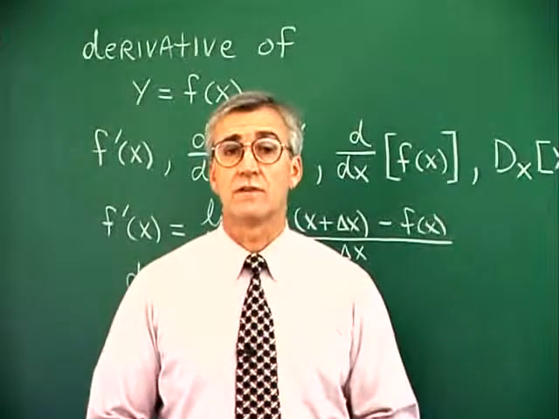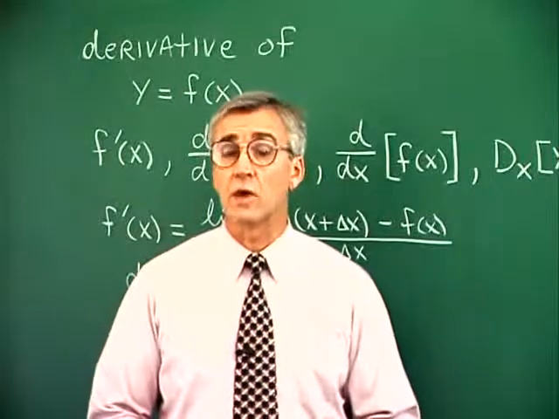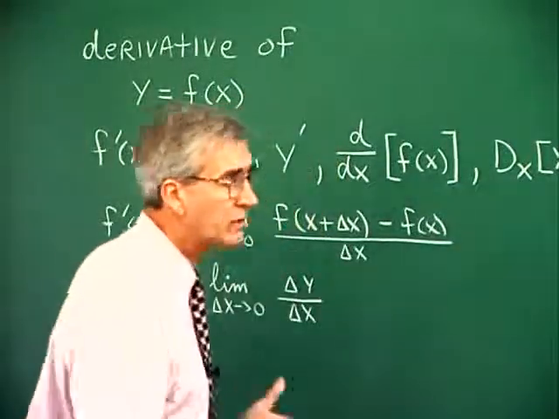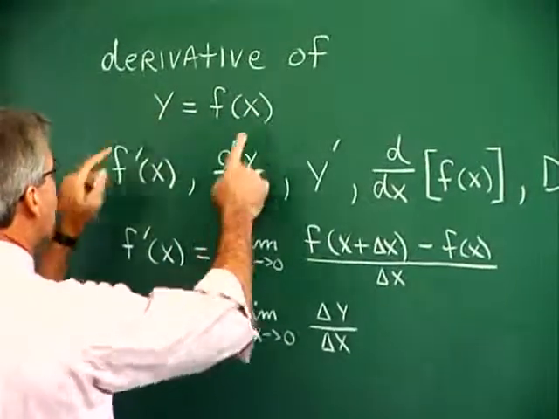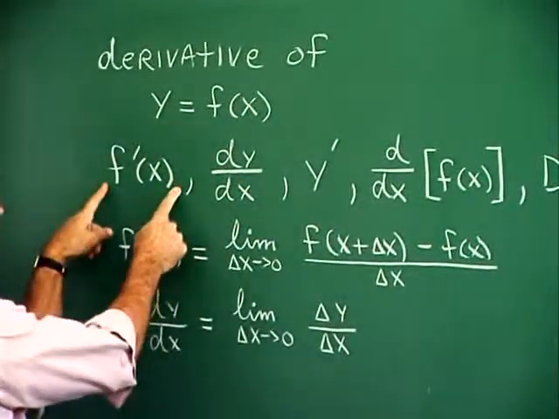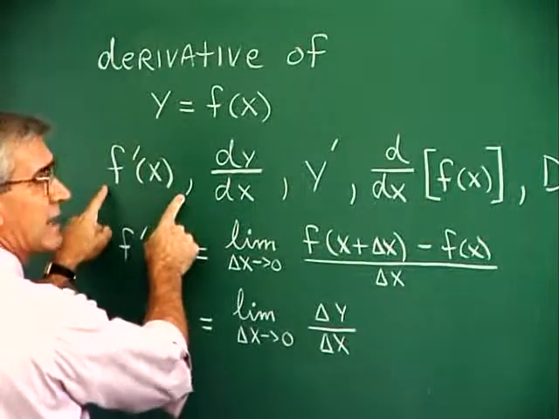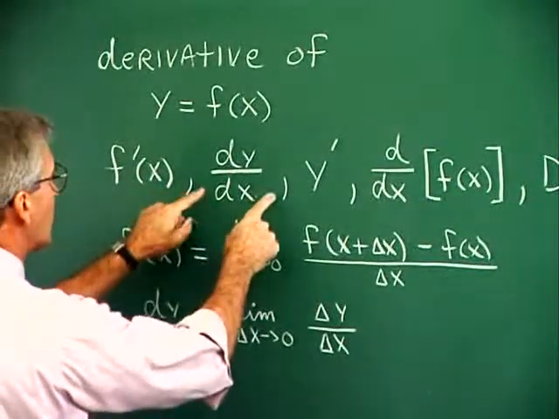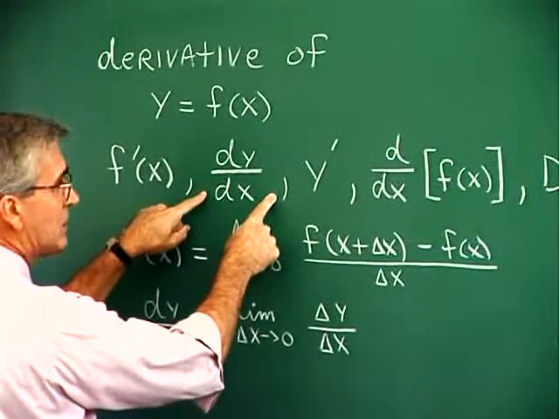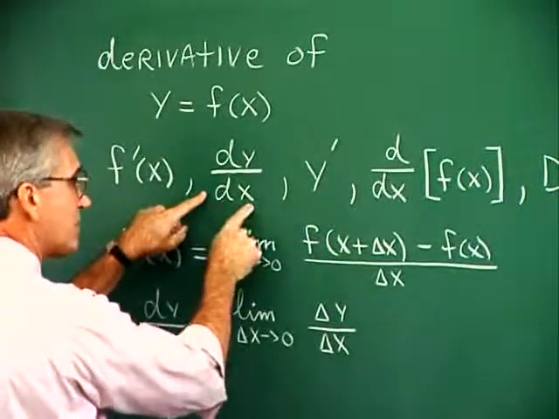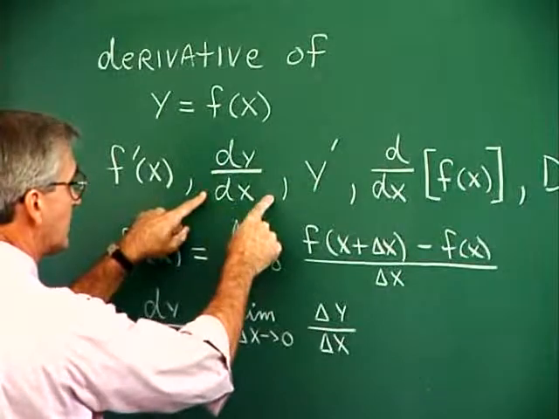There are several conventional ways for noting the derivative of a function. We've talked about one of them, and I'll review that: the derivative of y equals f of x can be f prime of x like this, but another way that is often used to denote derivative is dy over dx, which is the derivative of y with respect to x. That's the way this is usually read.